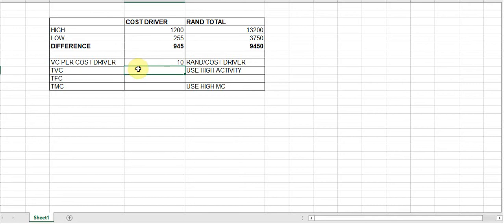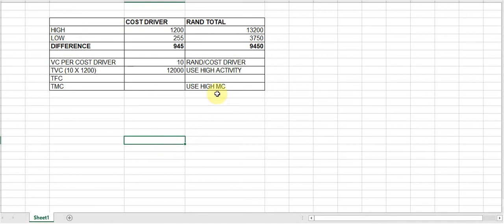The total variable cost, I need to use the highest activity, and if I go back to my cost drivers, the highest one was 1,200, and I'm going to use this variable cost per oven hour that I've calculated. So it's 10 rand times 1,200, and that gives us 12,000 rand total variable cost.